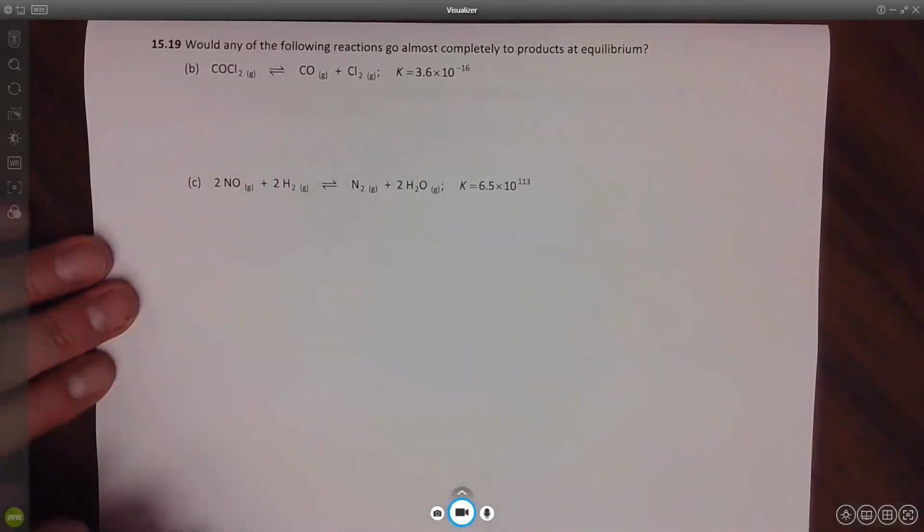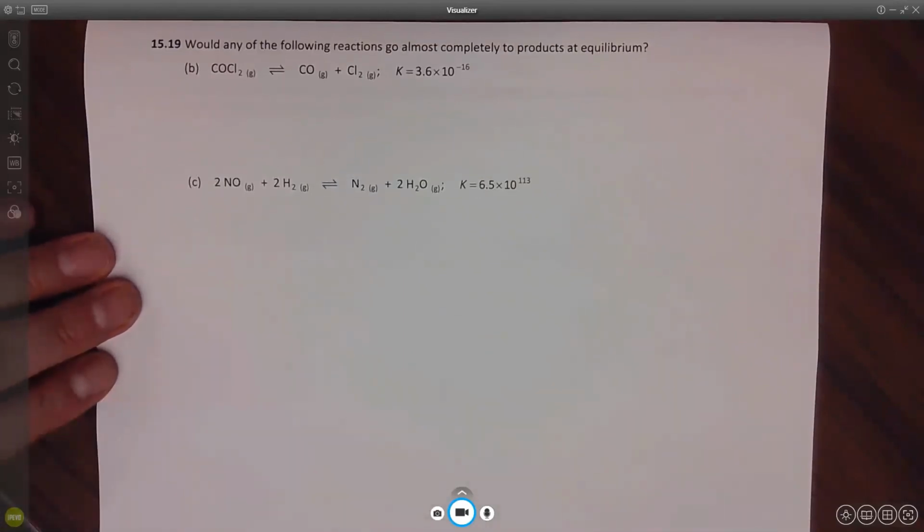Okay. Well, they're going to be equal to each other, right? No, not in this case. What tells you about the extent of reaction? You're going to hear this term again, extent of reaction. It just basically means how much did it go to product.